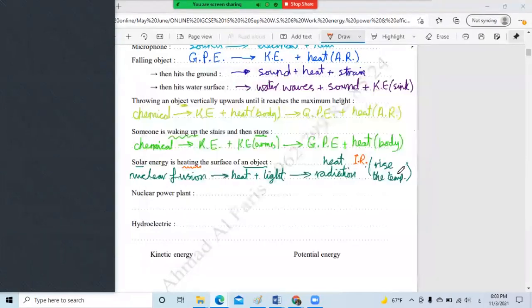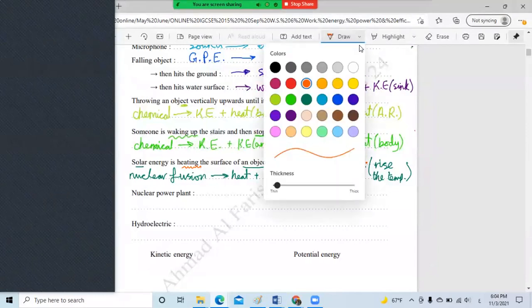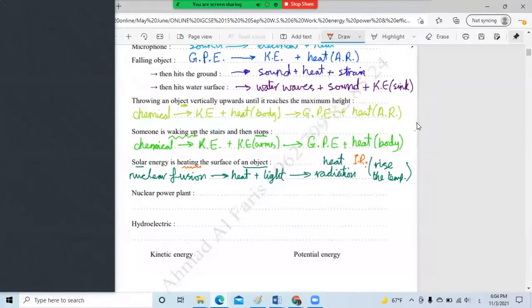Okay, good. Next, what do we have here? What about the difference between nuclear fusion and nuclear fission? We didn't explain that. We are going to study it in nuclear physics, the last topic of your syllabus. But nuclear fusion is when two small nuclei merge together and become one nucleus, which is helium.